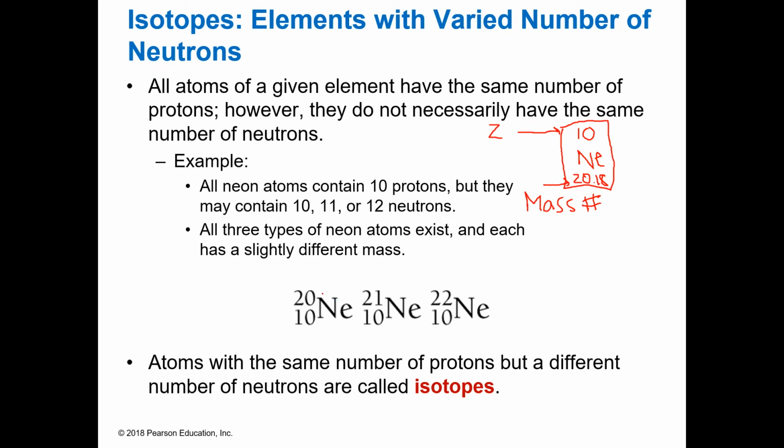There's neon with a mass number of 20, neon with a mass number of 21, and neon with a mass number of 22. But every one of these neons has the same atomic number because it's neon. When I have atoms with the same atomic number but a different mass number, we call those isotopes.